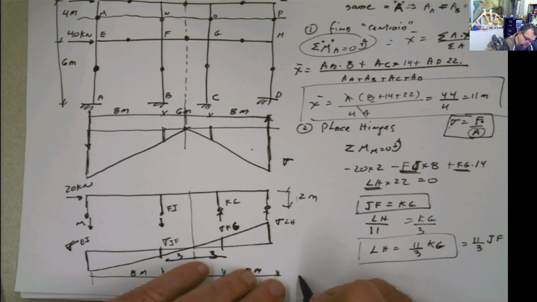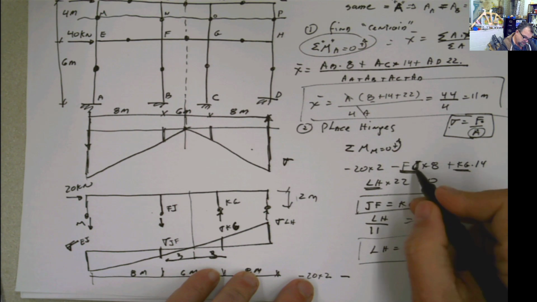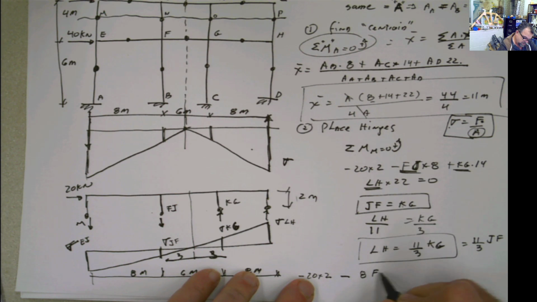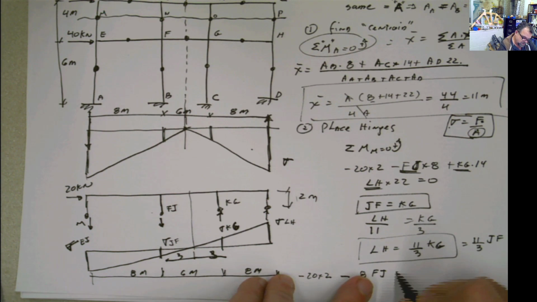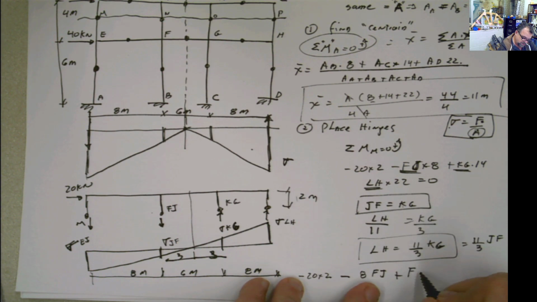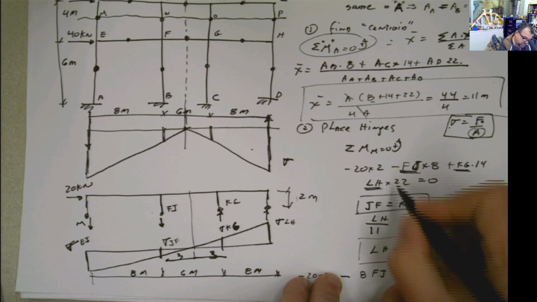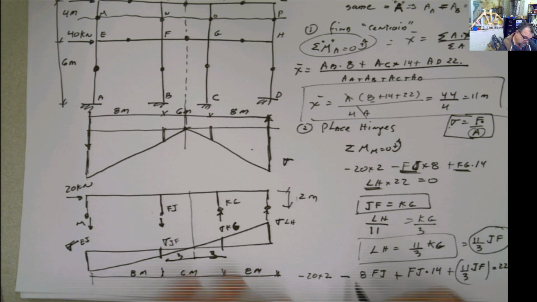So I can say negative 20 times 2 minus FG, I'm going to keep it like that, plus KG, but KG is JF, I'm sorry, JF times 14, and then you have LH here, but LH is 11 over 3 JF times 22, and that has to be equal to 0.